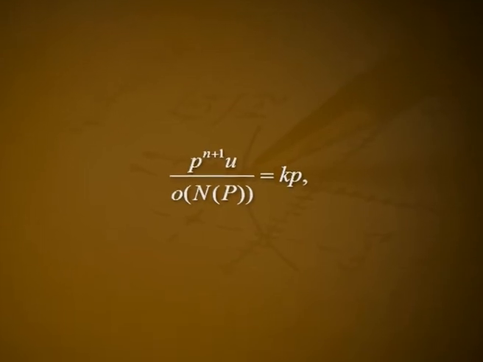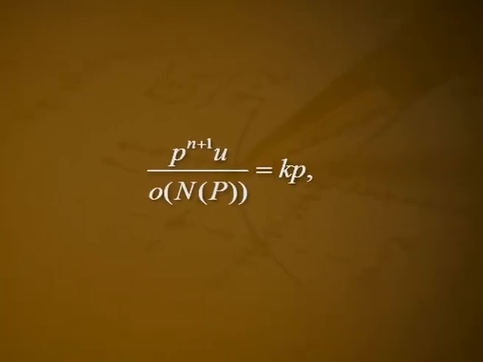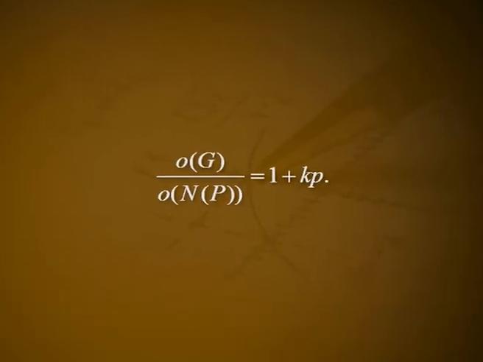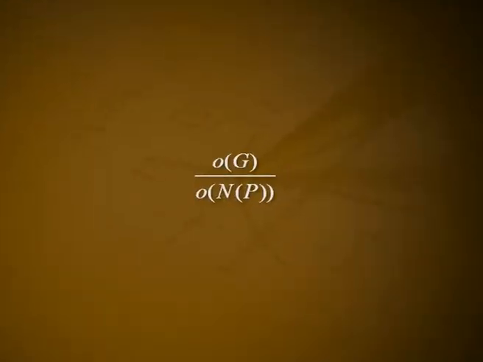So, we can write it as kp, where k is an integer. Putting all this information into equation 4, we obtain that the order of G divided by the order of the normalizer of P is equal to 1 plus kp. By lemma 5, this is the number of p-Sylow subgroups in G. Hence, the number of p-Sylow subgroups in G for a given prime is of the form 1 plus kp. Applications of Sylow's theorem.